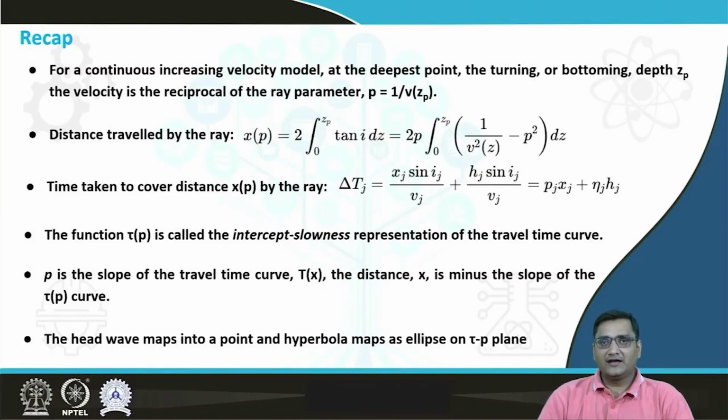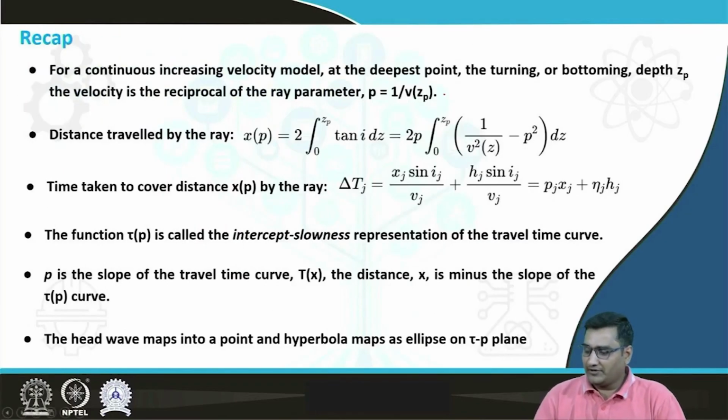As far as the recap of the previous lecture is concerned, we learnt that for a continuous increasing velocity model, at the deepest point, the turning or bottoming depth Zp, the velocity is the reciprocal of the ray parameter. That means ray parameter will be equal to 1 by velocity.